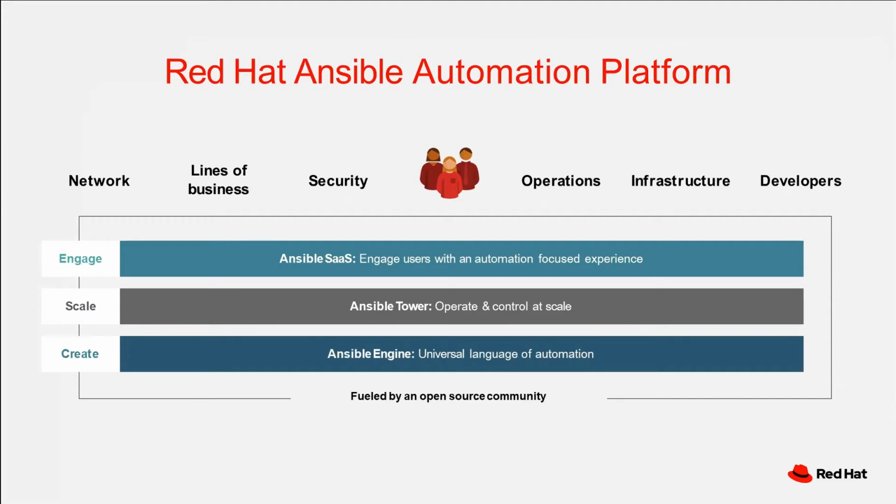And then there's the Engage level, and this is Ansible's secure software-as-a-service offering. This is a way for companies to utilize Red Hat's infrastructure to deploy Ansible anywhere in the world and automate regardless of location.